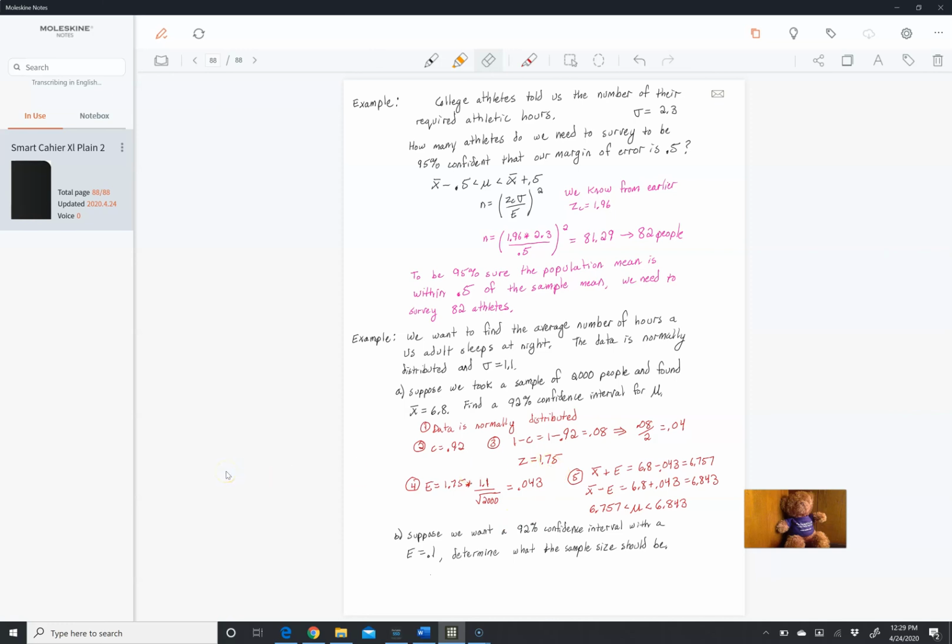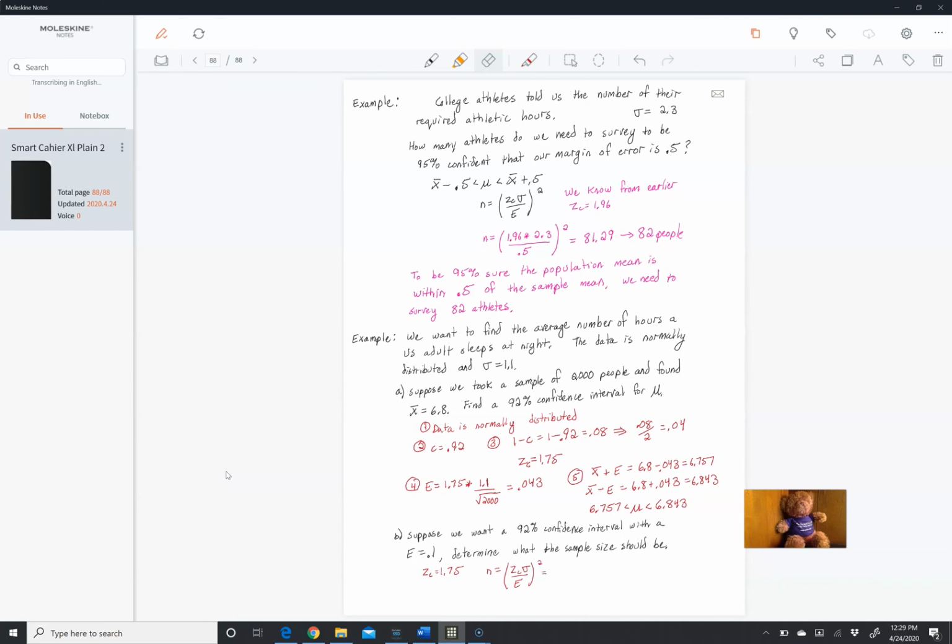Okay, and I'm going to put z sub c here, just so that you know it's the z-score based on that confidence level. So z sub c is equal to 1.75. We already found that. So n is equal to z sub c times sigma over e, squared.